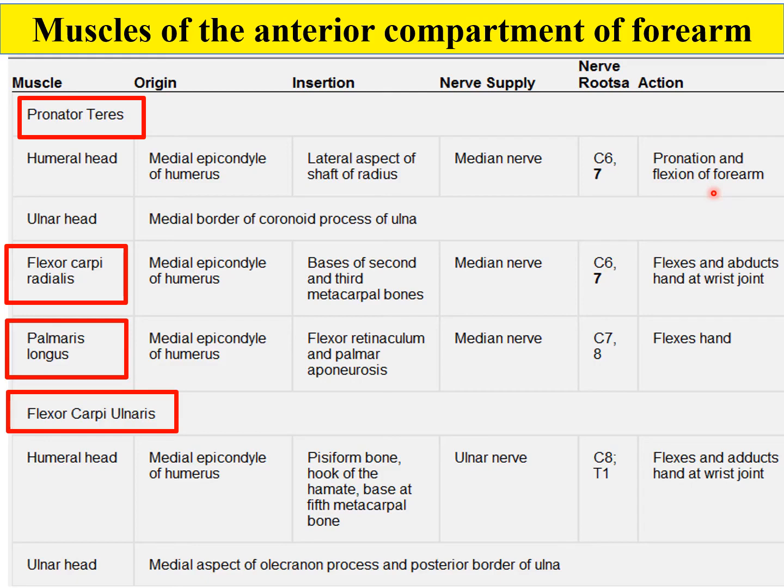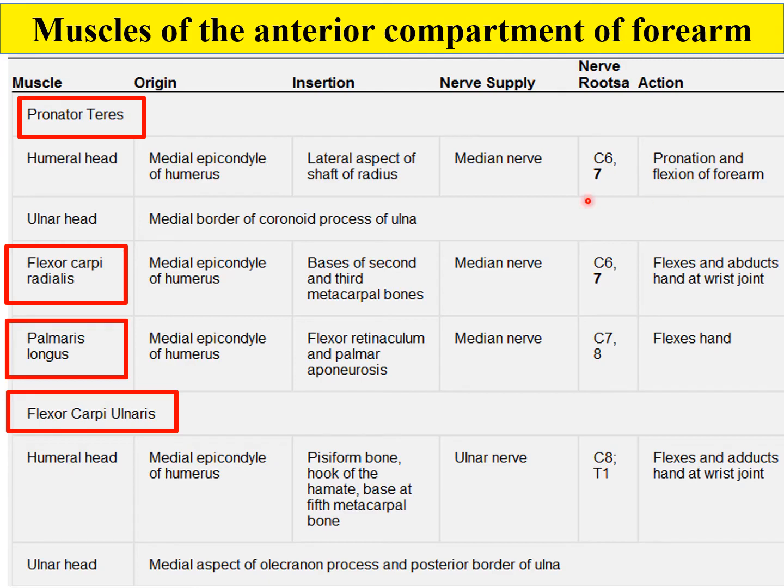If any muscle is helping in movement, maybe a little bit of movement or partial movement, it will be part of that joint movement, like pronator teres, helpful in the flexion of the forearm.